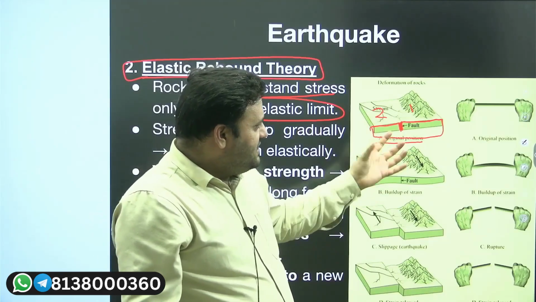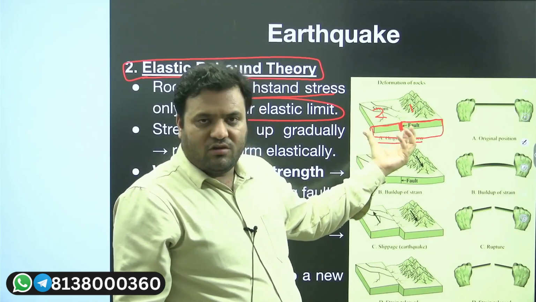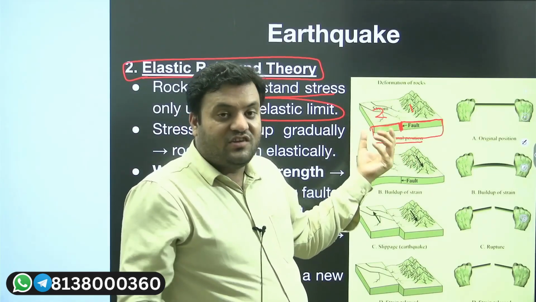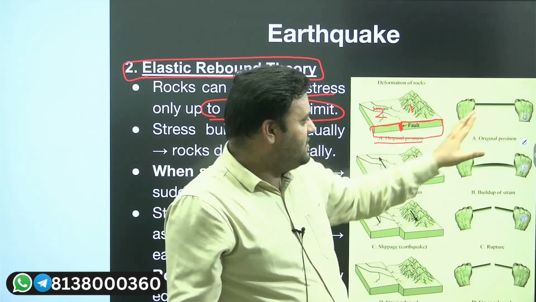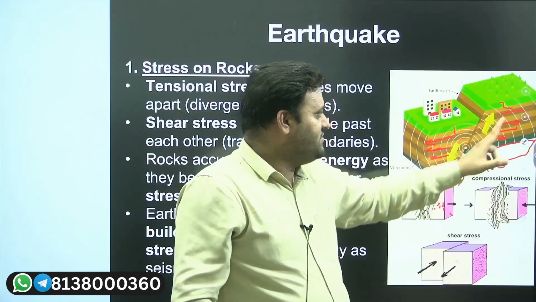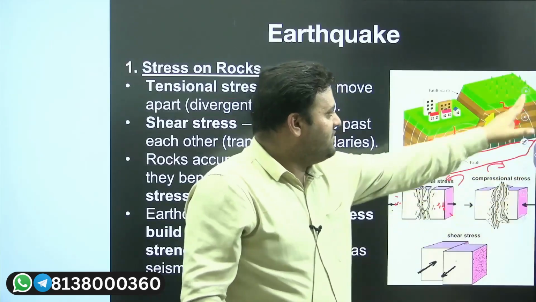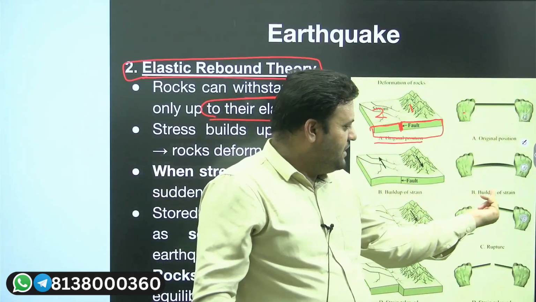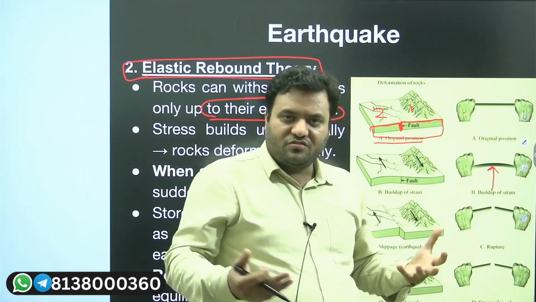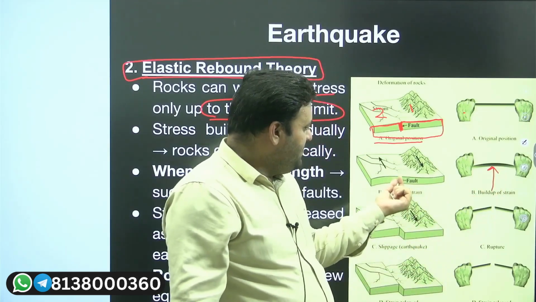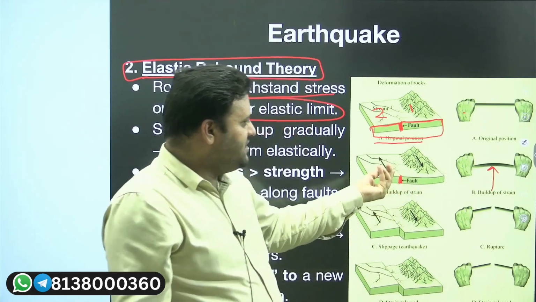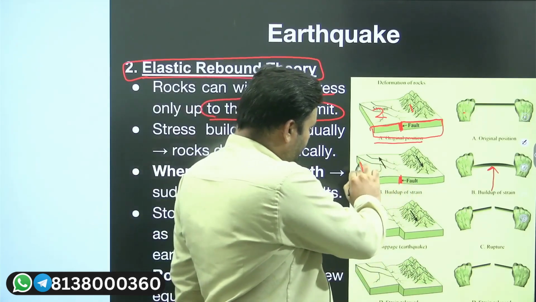Just imagine the mantle convection currents are actually there, and because of them there is an accumulation of energy. If there is a building up of strain because of the mantle convection current, there will be some sort of activity in the form of an earthquake.